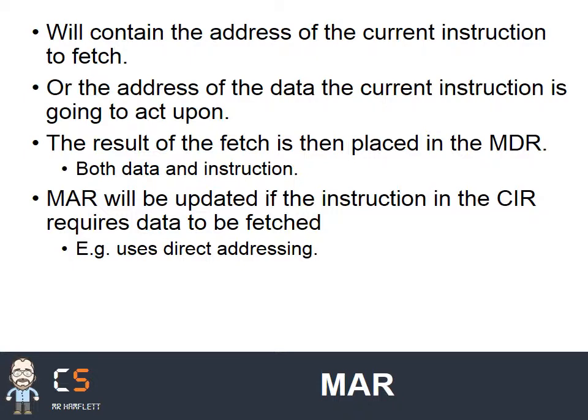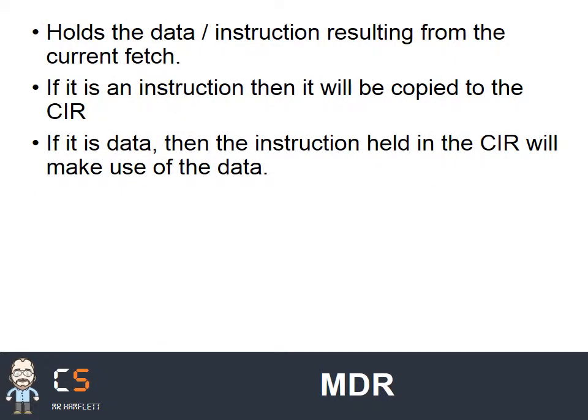The result of the fetch is always placed in the memory data register, regardless of whether that is an instruction or data. The memory address register is updated if the current instruction requires an extra fetch, so it will store the address in the memory address register. The memory data register holds the data or instruction resulting from the current fetch. If it's an instruction, it is going to be sent over to the CIR in the next cycle.